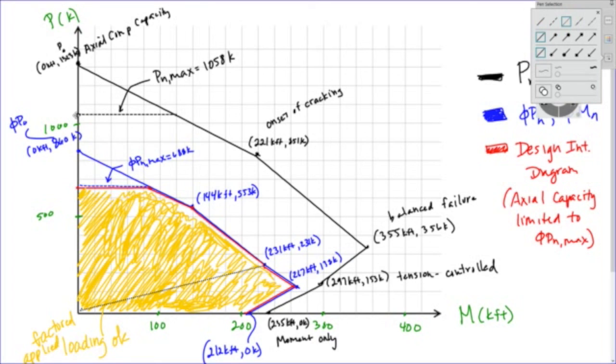That 231 is our phi PN, phi MN of balanced failure. And then I'm going to draw another line from the 0 to the tension controlled.